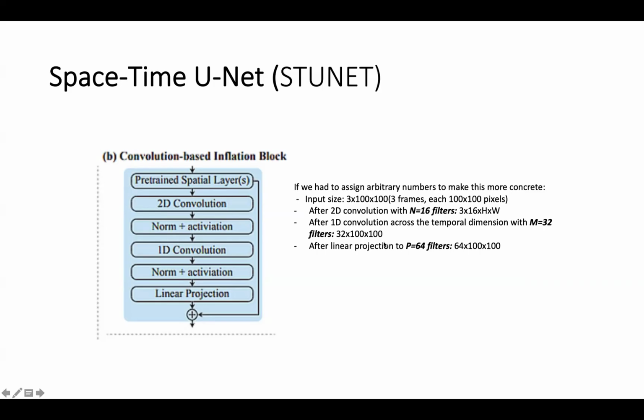After linear projection, to make it match with the existing spatial network, if the filters are 64, it is going to become 64 cross 100 cross 100. I just wanted to show how this specific inflation block is working.